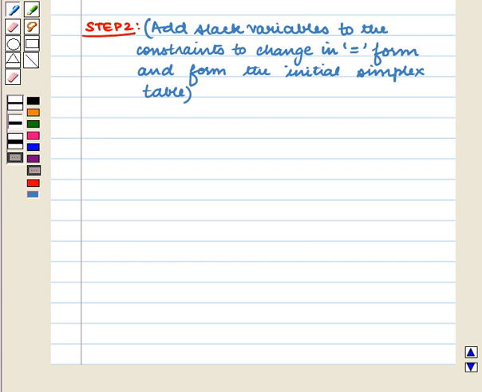Now our next step will be to add slack variables to the constraints to change in equal to form and form the initial simplex table.